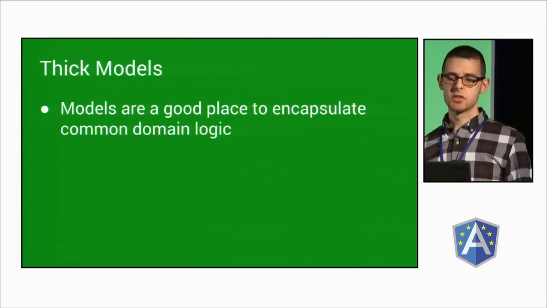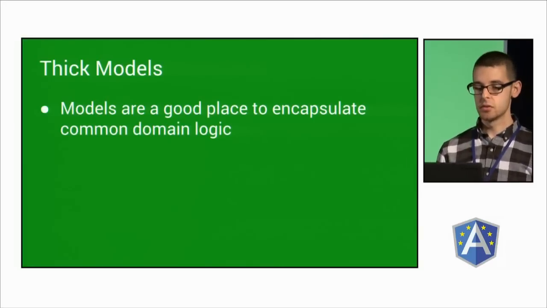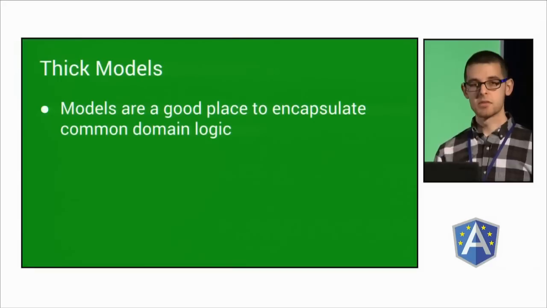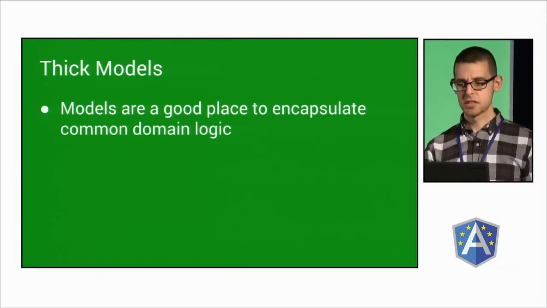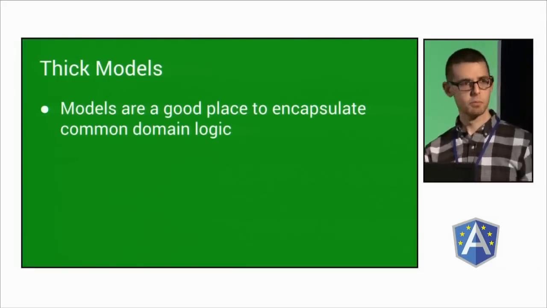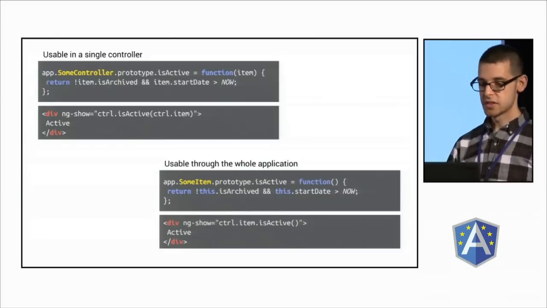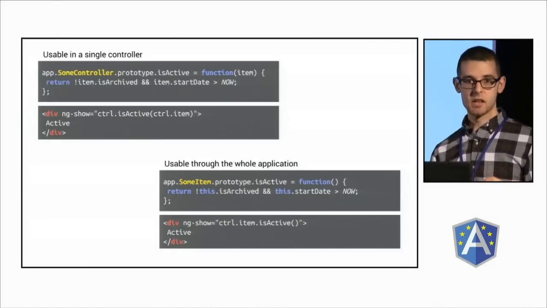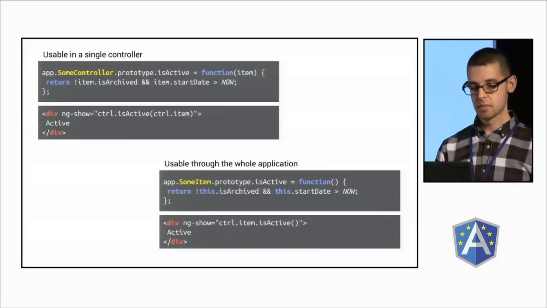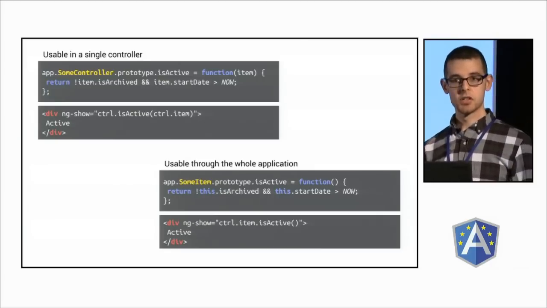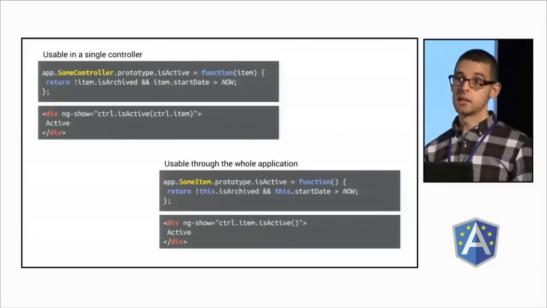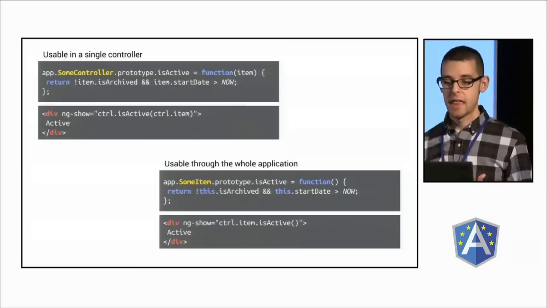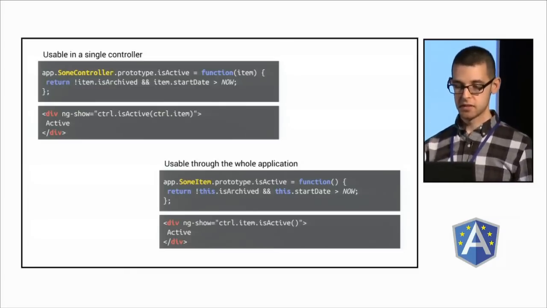As your application grows, you'll probably notice that you use the same kinds of objects across multiple different controllers, and so by encapsulating the logic in the models themselves, your code becomes more reusable. An example here, I have two code snippets. On the top, we have doing the logic in the controller. On the bottom, we have it doing it in the model. They're both doing the same thing where you're checking whether or not some item is active based on just a couple of simple conditions.